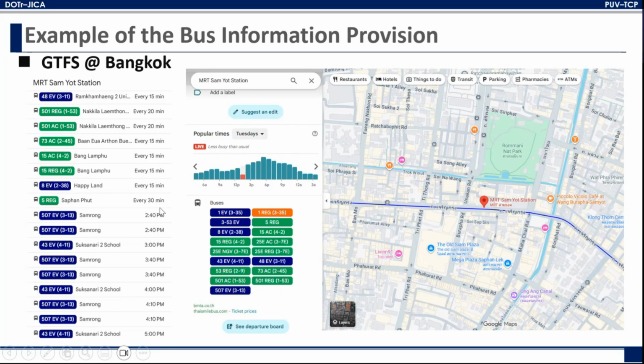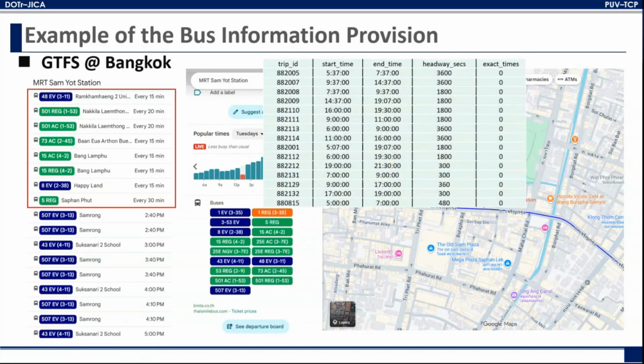Why can such differences be seen in the same city? It is due to the structure of the GTFS. I won't explain a lot. However, when you prepare the GTFS, headway and frequency items can be prepared independently.